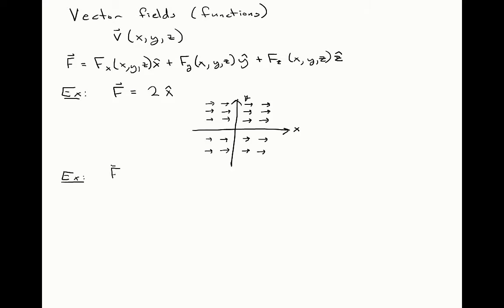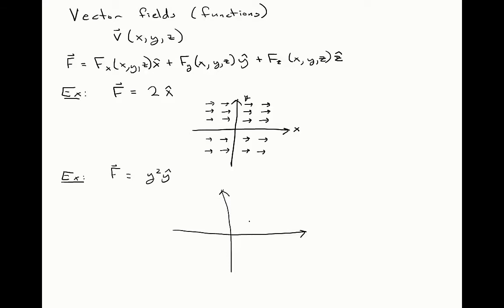Alright, let's look at another one. So think about what this one should look like. And if you're having trouble thinking about it, you can always plug in values for a couple points. Like you can say, well, at y equals 0, this is 0. So everywhere where y is 0, this function is 0.